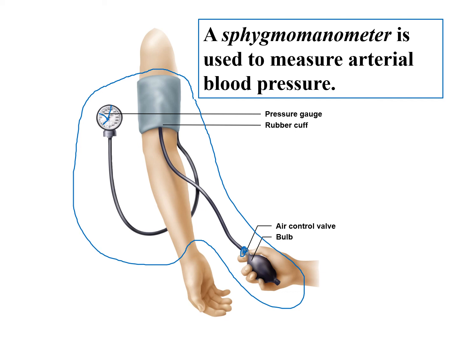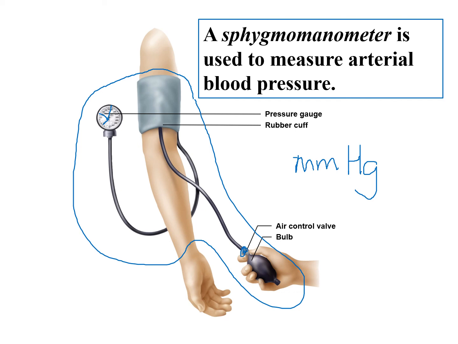And when you measure blood pressure, you measure it in millimeters of mercury, mmHg. That's the unit, millimeters of mercury. And so typically when you take a person's blood pressure, you would again wrap it around the arm, you'd close the valve, you'd pump it up.